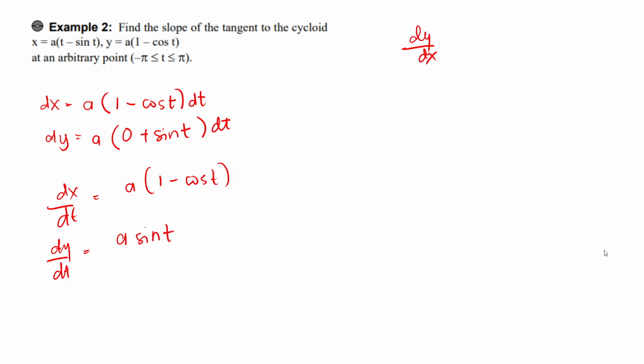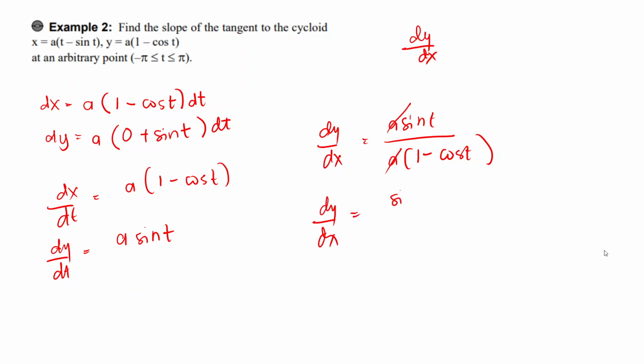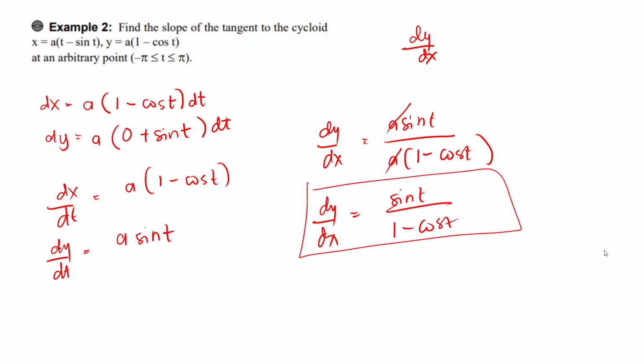So dy over dx is what we need: a sine t over a times 1 minus cosine t. Okay, a cancels. We have sine t over 1 minus cosine t. This could be a final answer, or you can use the trigonometric identities.